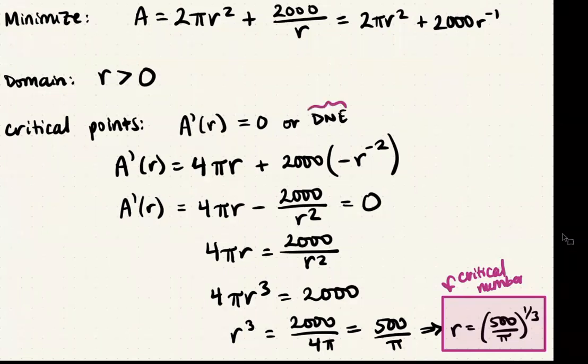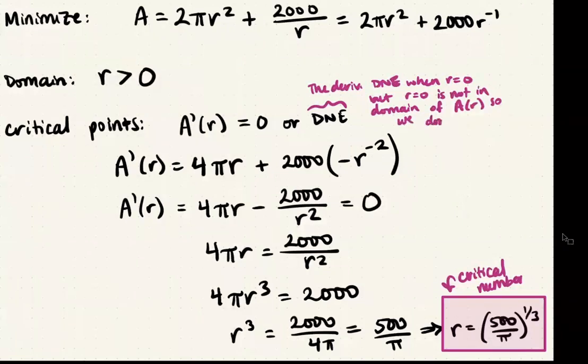So I can say this: the derivative does not exist when r equals 0, but r equals 0 is not in the domain of the original function A of r, so we don't include it as a critical number.